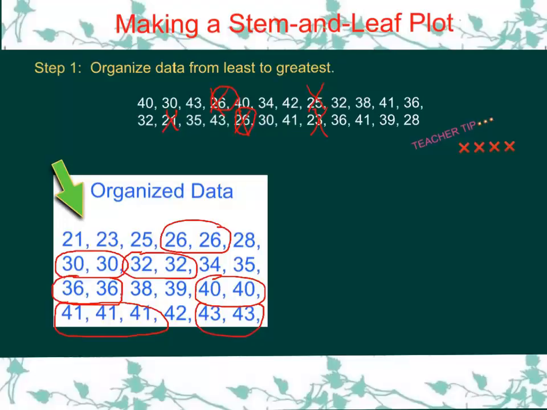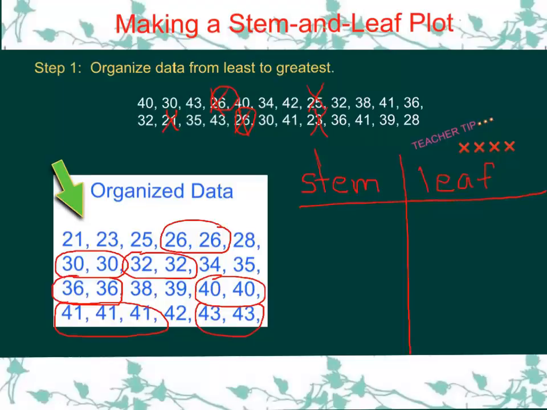After organizing your data from least to greatest, the next thing we need to do is to physically draw the stem and leaf plot. As you draw, we're going to have our stem on the left and our leaf on the right. Okay, we're going to draw two lines separating the data into lists.